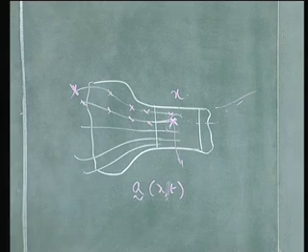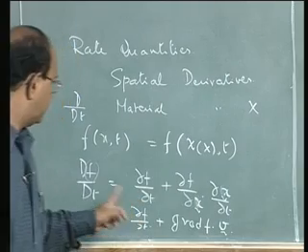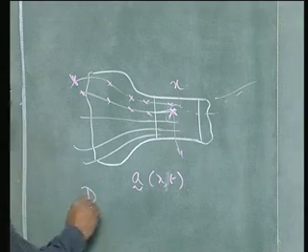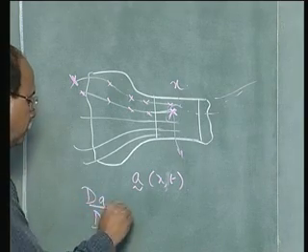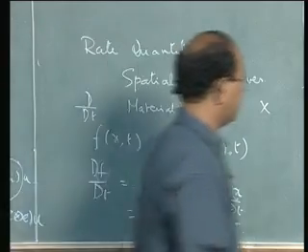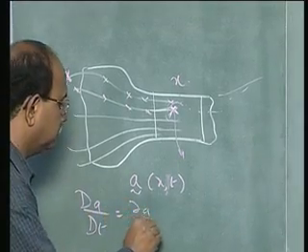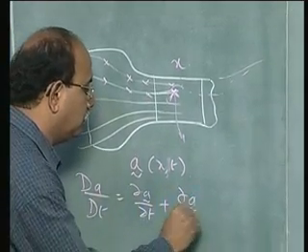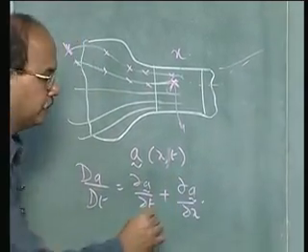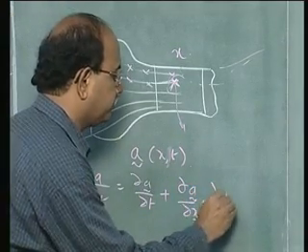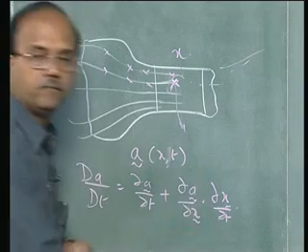You would see that dA/dt is equal to ∂A/∂t plus ∂A/∂x · ∂x/∂t.